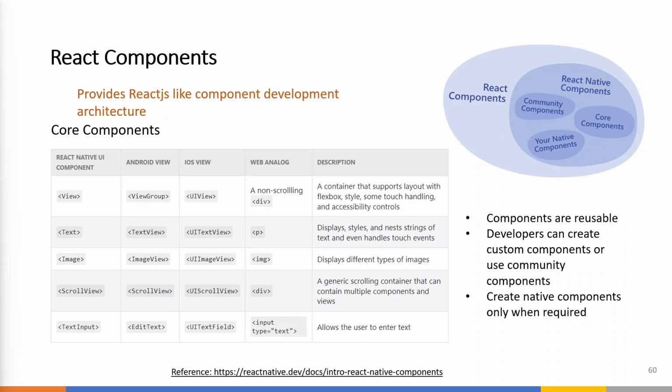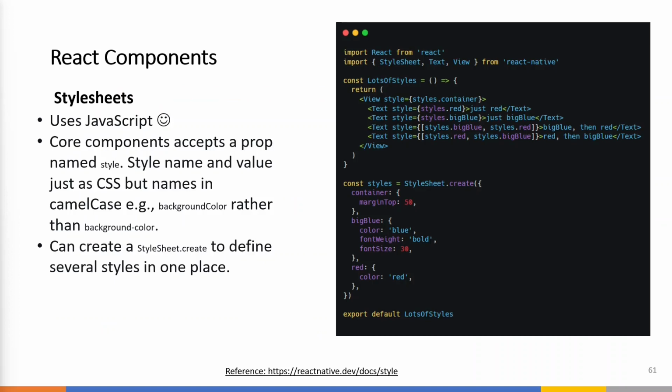For example, in Android, we use ViewGroup, and in iOS, we use UIView as a container for the layout of the application. And on the web, we mostly use div. But React Native provides a built-in component called View, which renders the layout using the native API for the target platform. This makes the development process much easier in cross-platform development using React Native.